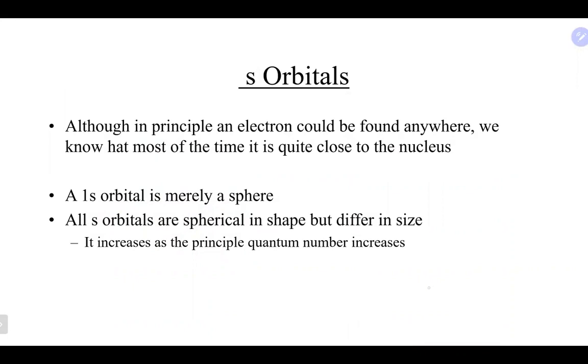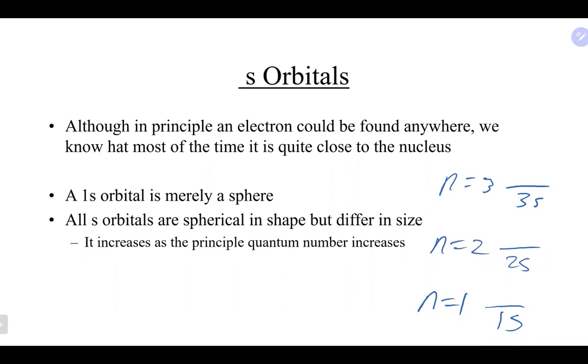Starting with the first energy level, which is our n equals 1, which is closest to the nucleus, we have what is referred to as a 1s orbital there. When we go to the second energy level, we have a 2s orbital. We go to the third energy level, we have a 3s orbital, and so forth. So on every single energy level that we have, there is always an s orbital.